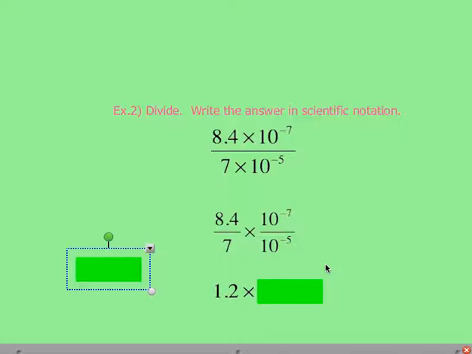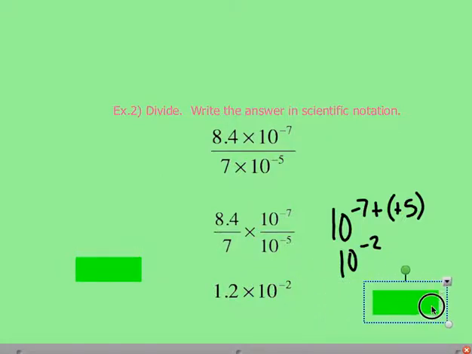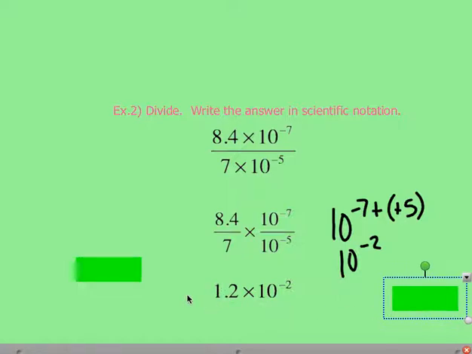And then remember, if I am subtracting my exponents when I divide, I'm going to do 10 to the negative 7th minus a negative 5. Well, if we're minusing a negative, that really becomes plus a positive, so we get 10 to the negative 2nd, which means this is actually a pretty small number. We are going to move the decimal to the left twice. Pretty small number.